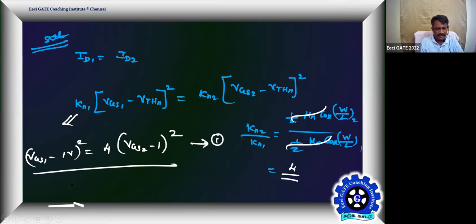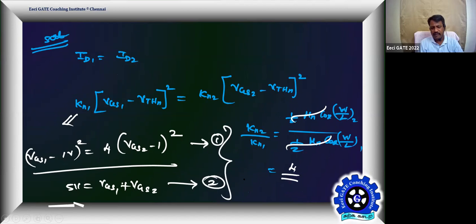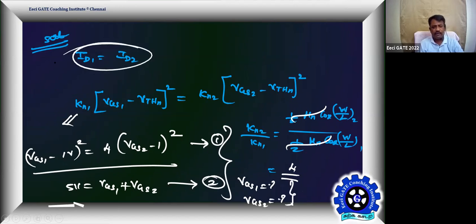The second equation is 5 volt is equal to the sum of VGS1 plus VGS2. That's equation number 2. Yes, we have two equations, two unknowns. Comfortably we can solve for VGS1 and VGS2.